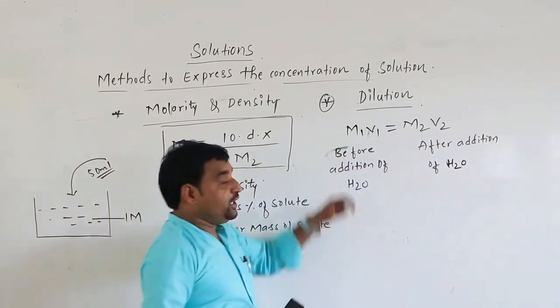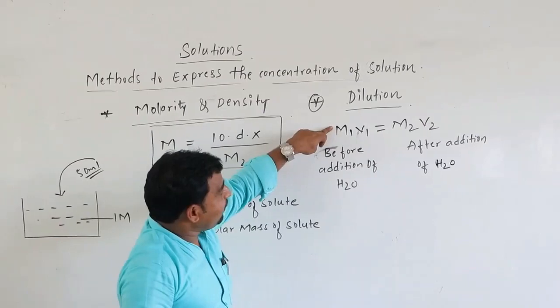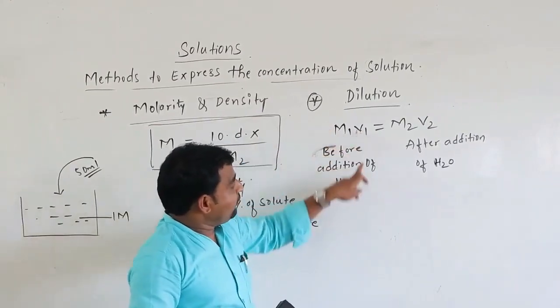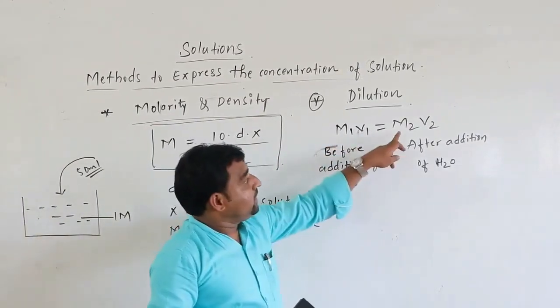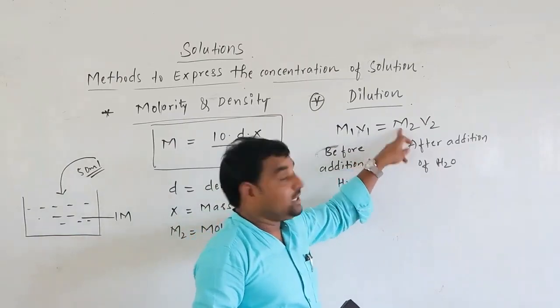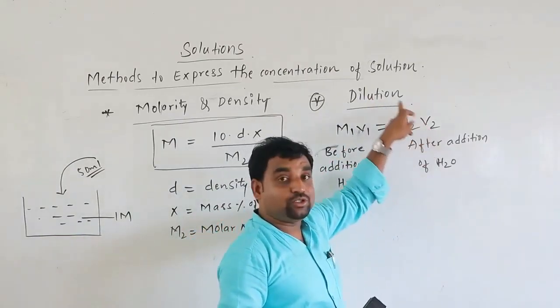For example, M1 is the molarity and V1 the volume of the solution before dilution. M2 is the molarity of the solution after dilution and V2 the volume of the solution after dilution.